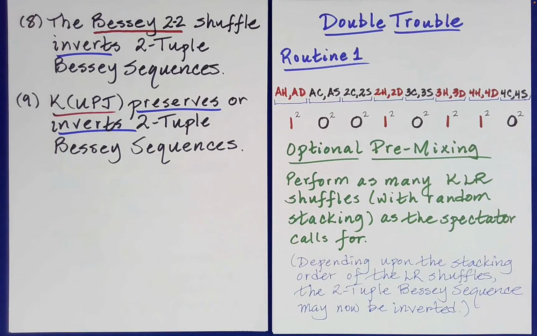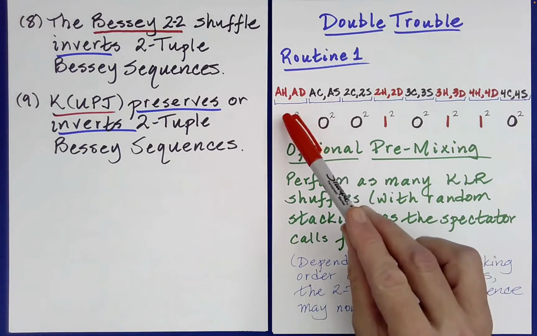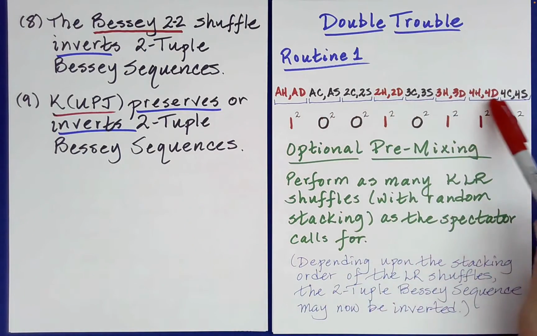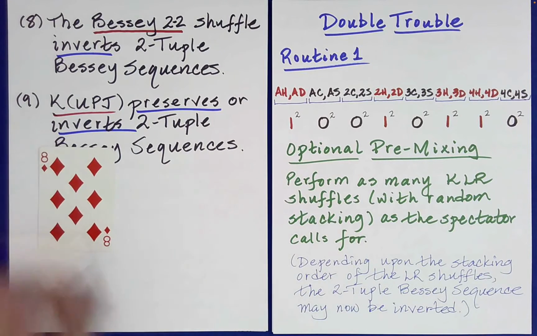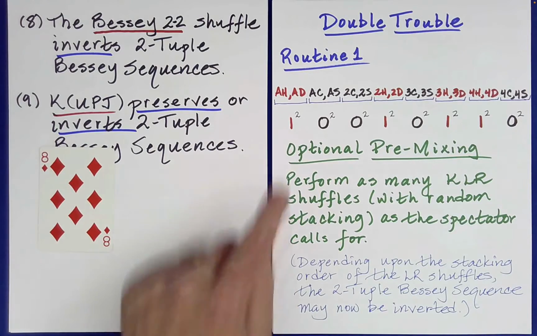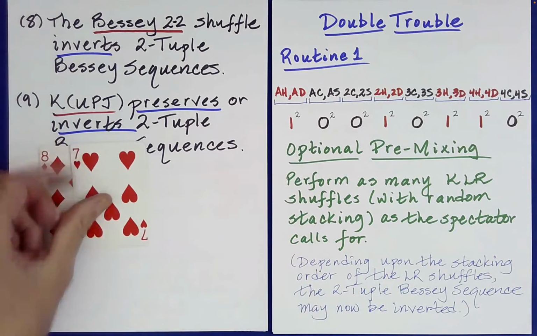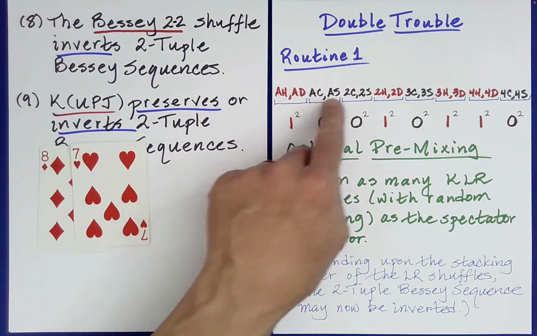Okay, so here's a very, very simple application involving two-tuple Bessie sequences. Now, it is true that I've kind of made it really orderly here as far as suggesting certain cards. I think I'm going to break with that right now because you don't need to be that specific there. So really what I need is 2 red, and then a total of 4 black.